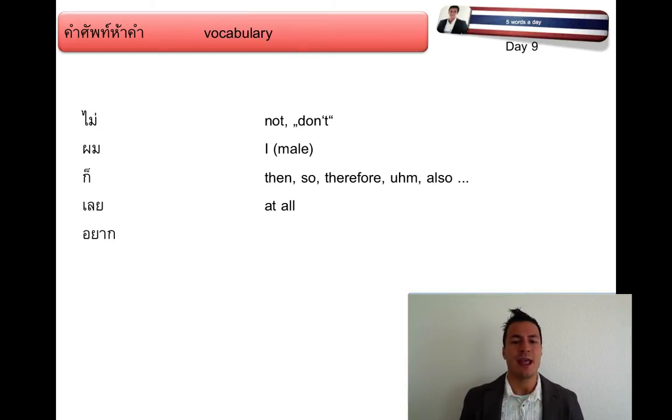So in order to emphasize you're not being able to, you're not wanting to, or you're not feeling like something. You will see how that works too within the sentences. And the last word, อยาก, is to want, to would like, to do something, to have something, to go someplace. However, let's move to the sentences.